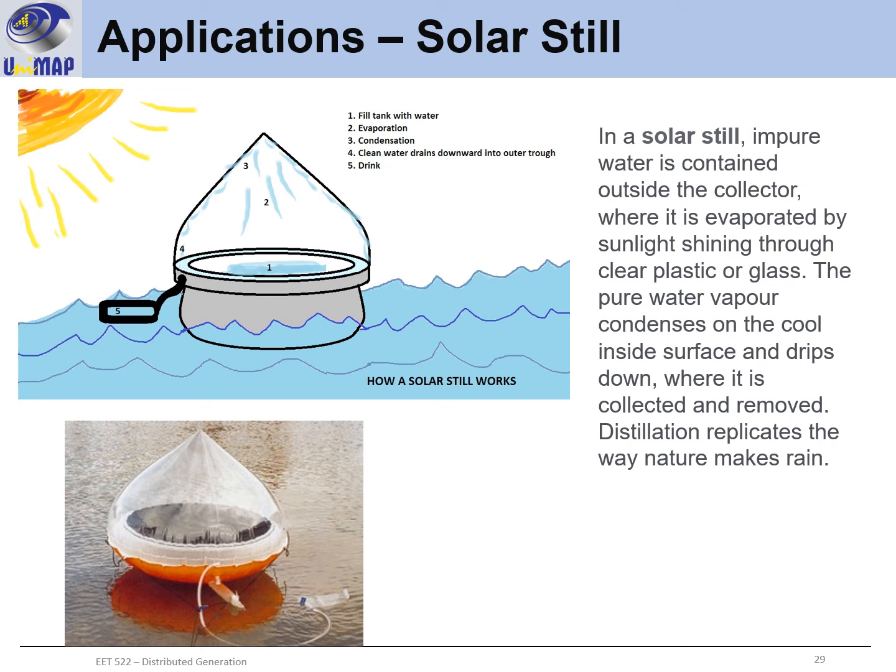Through the process of receiving the heat from the sunlight, the water will be evaporated. Okay, and then the pure water on top of it at the plastic side here will be condensed, and then will drip down into the collector. So this process replicates the way nature makes rain.